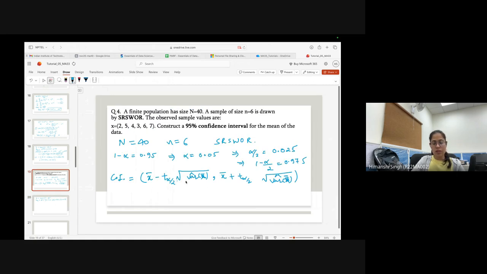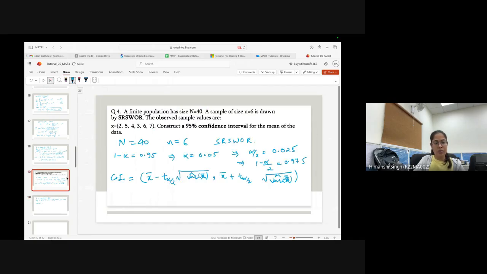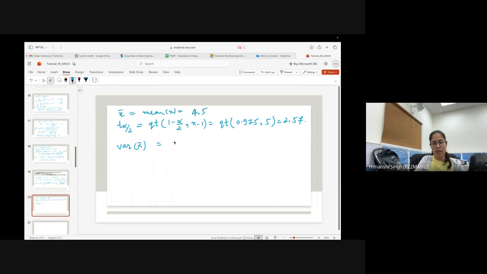Now this is the square root of the estimated variance of x bar. First of all, let us calculate the variance of x bar. When we are using simple random sampling without replacement, the variance of x bar is (N minus n) upon N into n, times capital S square, and the estimator of it is (N minus n) upon N into n, times small s square.